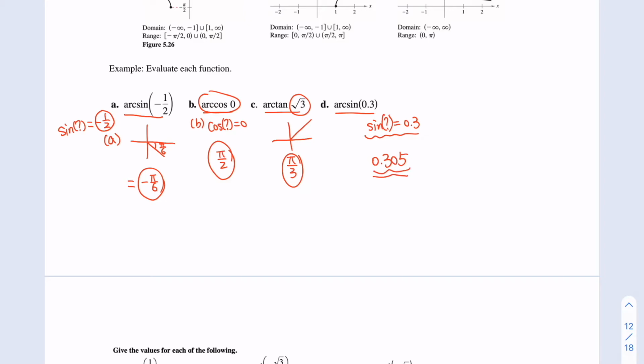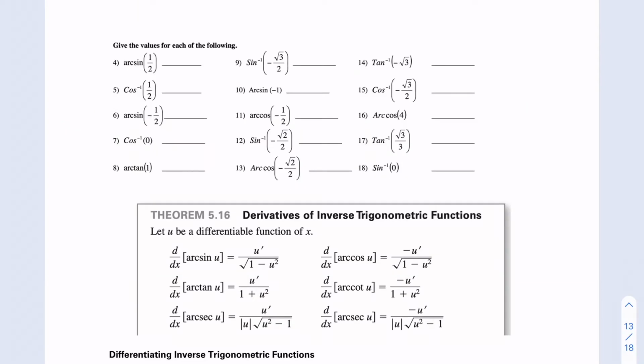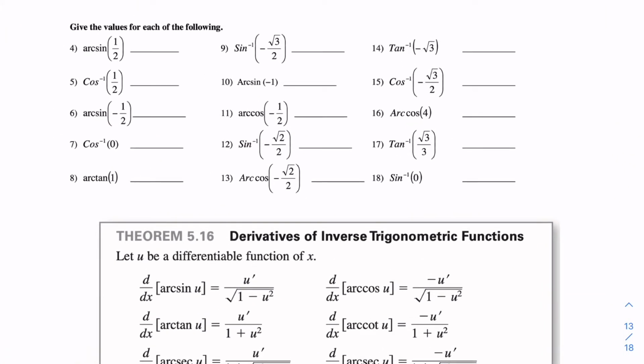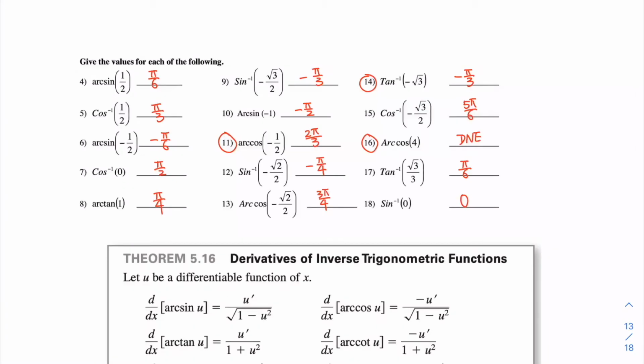However, if I ask you sine inverse of negative 0.3, it gives us negative 0.305. Everybody, you can pause the video for 5 minutes and finish number 4 to number 18 and compare with my answer key.